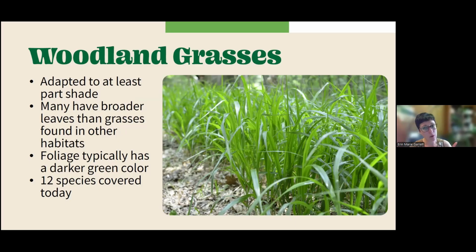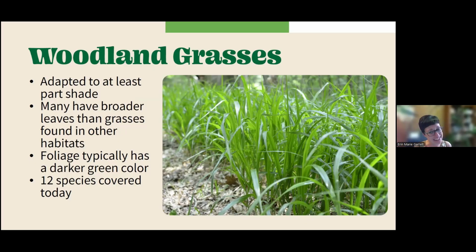When we're talking about woodland grasses, the grasses we're focused on today are adapted to growing in at least part shade. And just because they grow in shadier conditions doesn't mean that you can't find them growing in full sun as well for some of them. So there is definitely some wiggle room with that categorization. In general, you're going to find that many of them have more of a broader leaf than grasses found in other habitats and have a darker green foliage color.